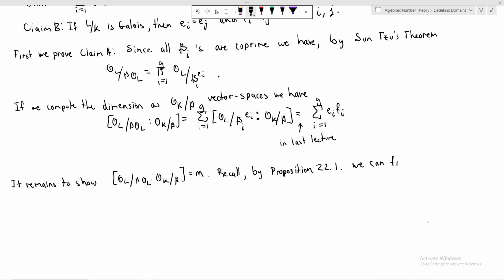So we can find two rank m free O_K submodules of L. I'm going to call them M, and these are going to sandwich O_L, and M prime.